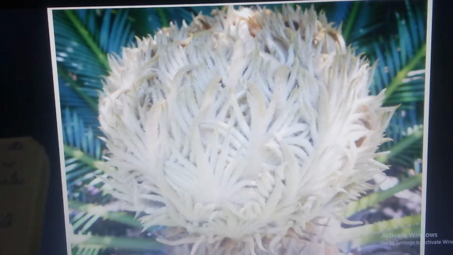Now, in this case, one more difference between the male cone and the female cone is that we have studied that in case of the male cone, they showed sympodial branching. As the male cone is formed, the apex of the stem stops its growth.